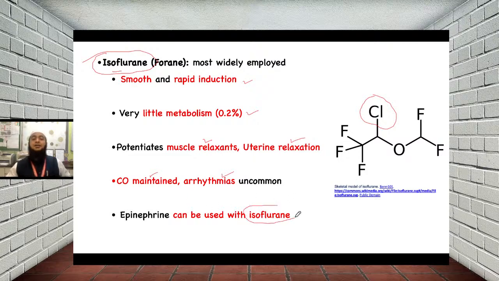Now let's understand the use of epinephrine, although we will study this in detail in the local anesthetic chapter. Do remember that epinephrine is a vasoconstrictor. If you give a local dose of epinephrine, it produces vasoconstriction, and then loss of blood can be easily limited.